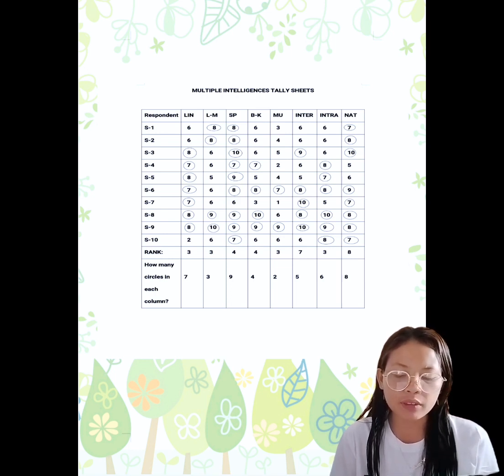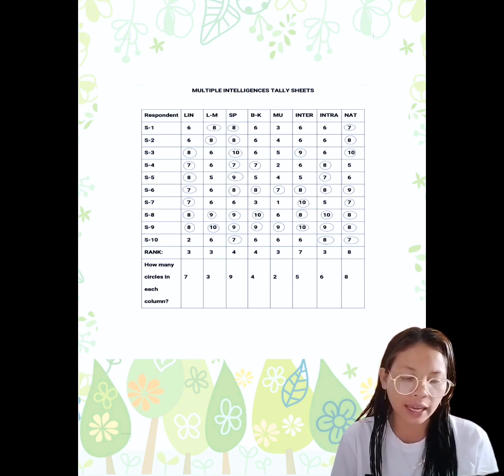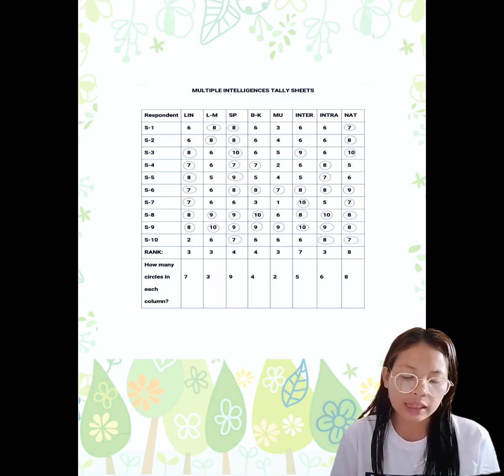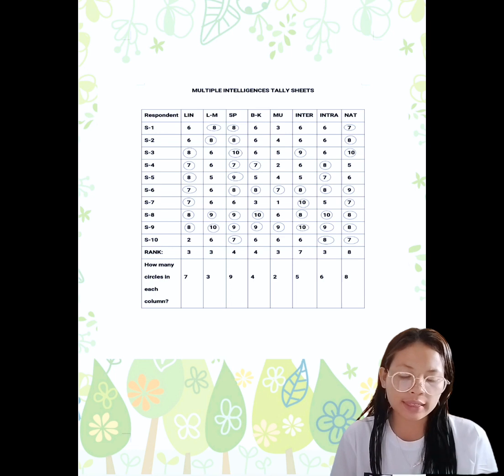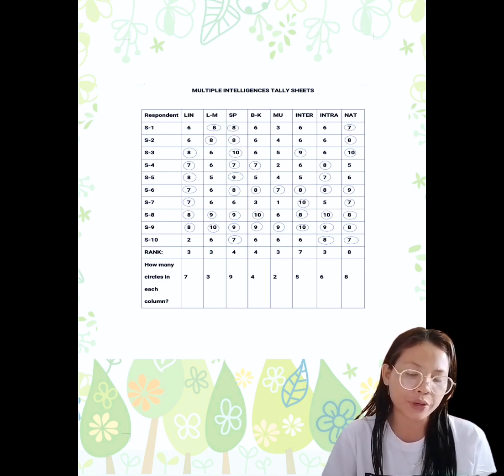Then student 6 prefers naturalist. Then student 8 is bodily-kinesthetic and intrapersonal. Then student 9 is logical-mathematical, interpersonal. Then student 10 prefers intrapersonal.